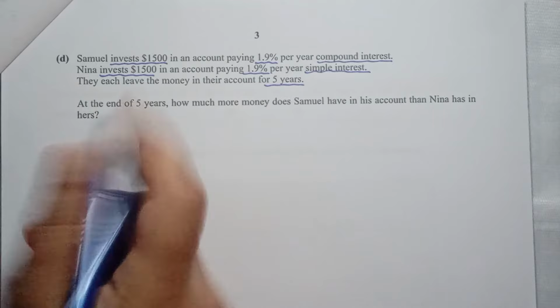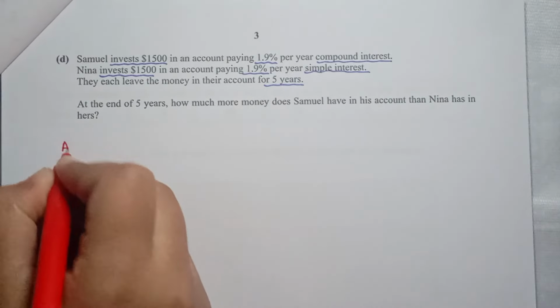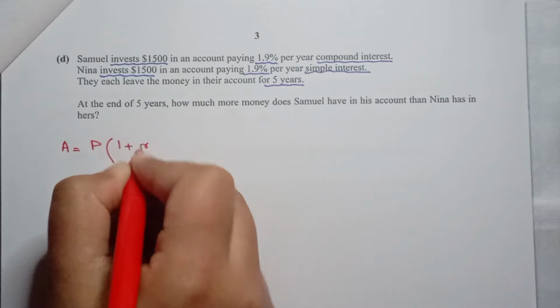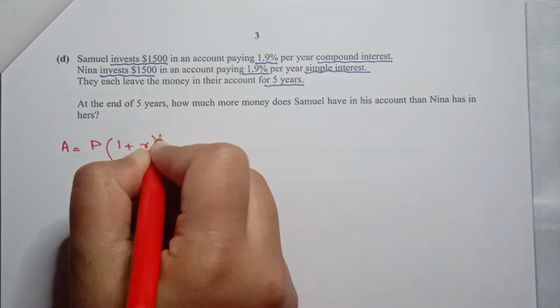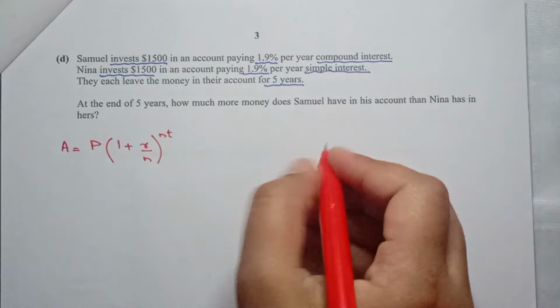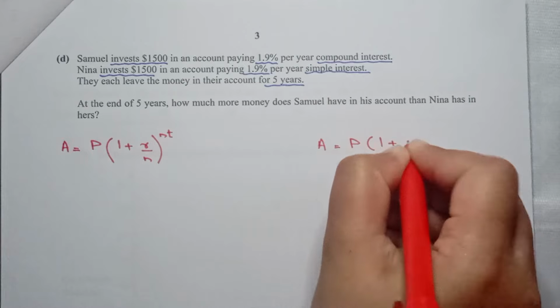For Samuel, we are going to use the formula for compound interest. The compound interest formula is A equals P times (1 plus r over n) to the power nt. This is for Samuel. And the simple interest formula is A equals P times (1 plus rt).